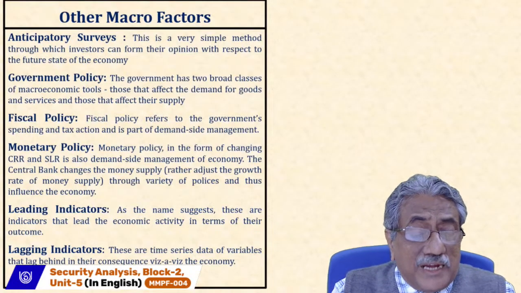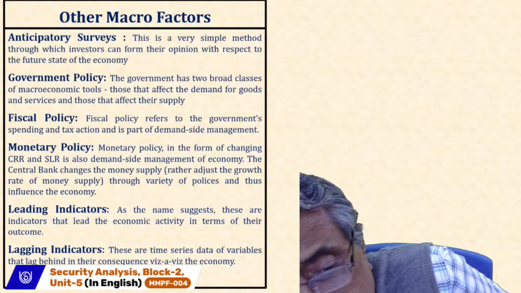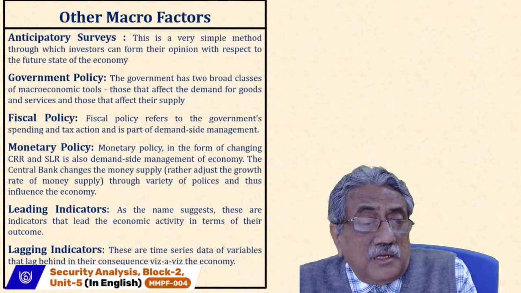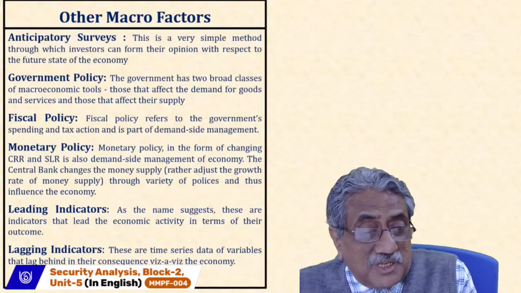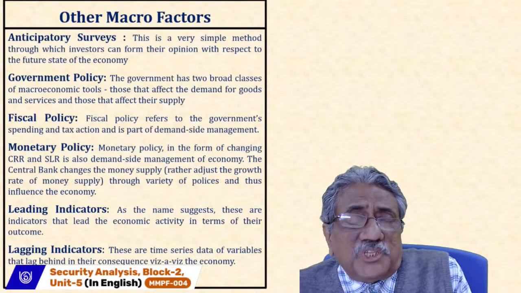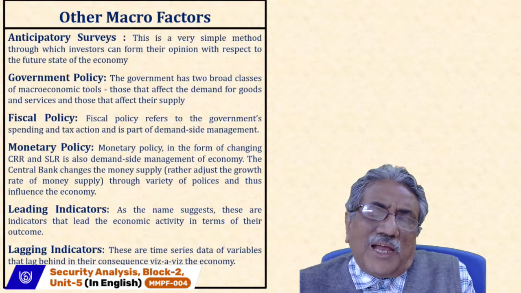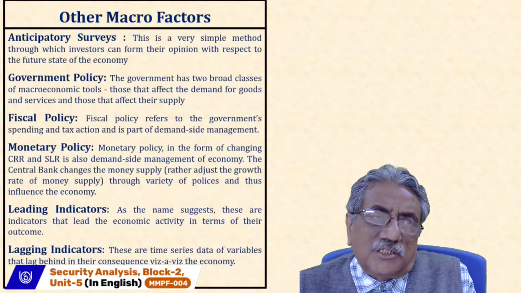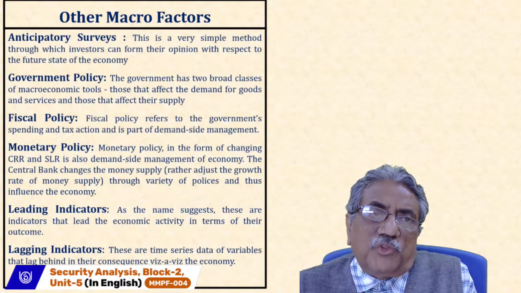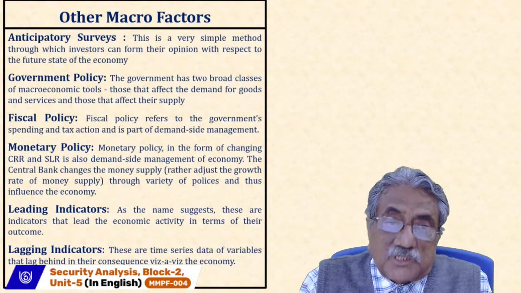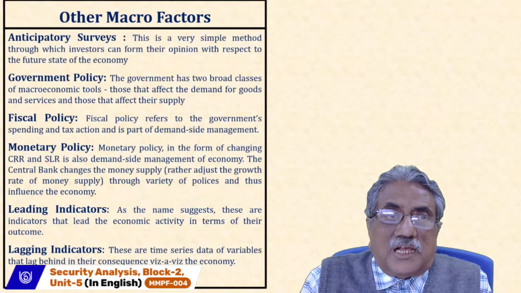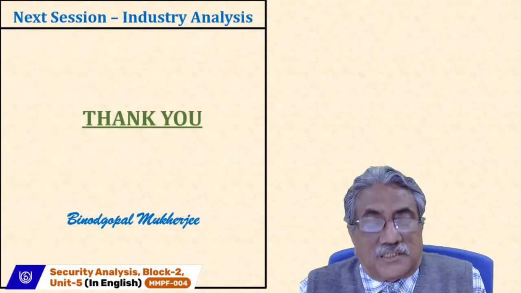So these are the lagging indicators. When the data comes, you come to know that industry is doing well. So with these macro factors and understanding the economy, you can broadly understand whether the economy is doing well or not, and accordingly you can move to the next stage, which we'll cover in the next class, that is industry analysis.